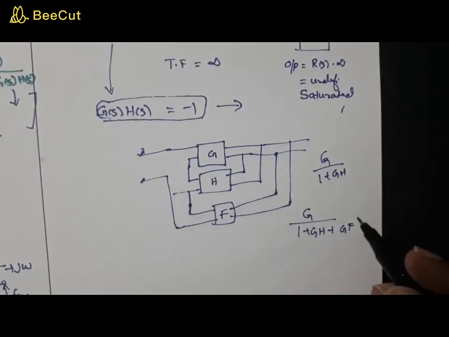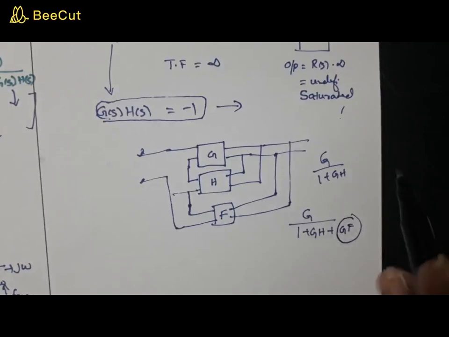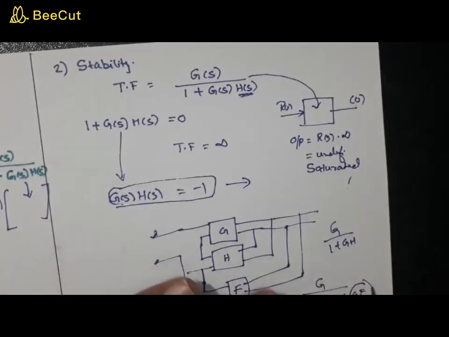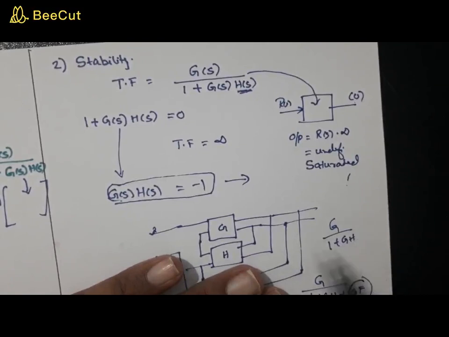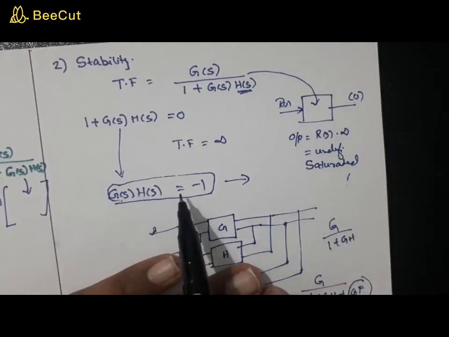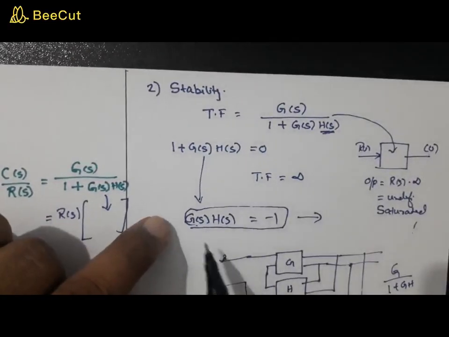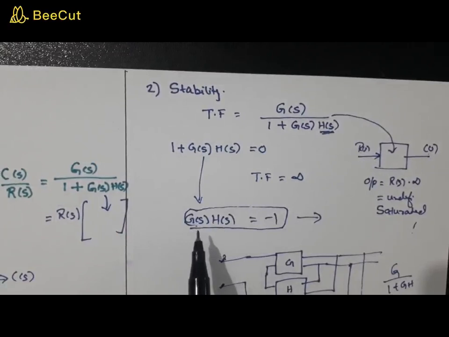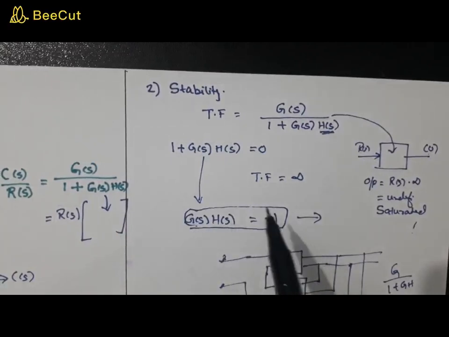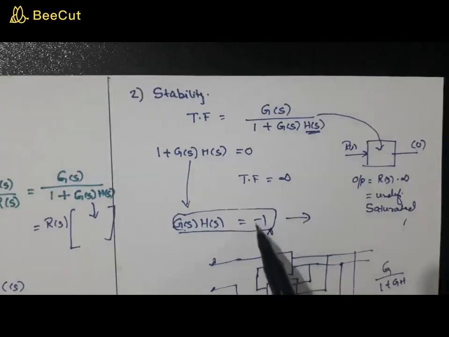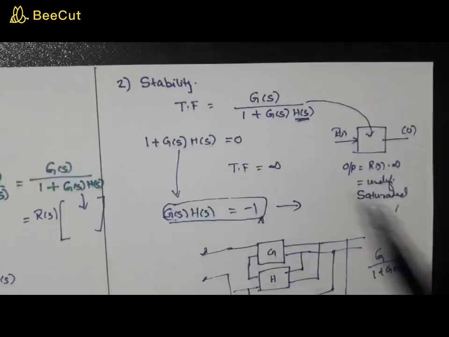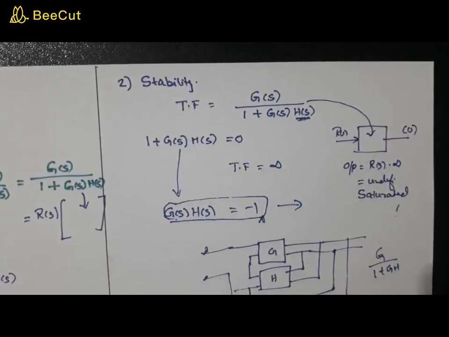This is just an example. G by 1 plus GH is so selected that it becomes an unstable system, because it has met G(s)H(s) equal to -1. Upon introduction of another feedback network, the overall forward gain into feedforward gain will get disturbed from this condition.